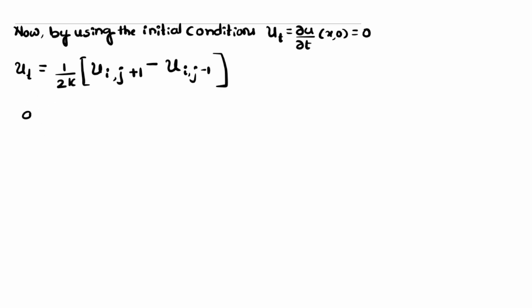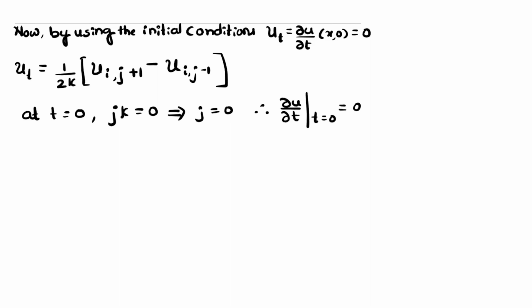Then, with t equal to 0, when t is equal to 0, t means j k, so j k becomes 0. This implies j is 0. Therefore ∂u/∂t at t = 0 is 0. So this part, u_t, is nothing but ∂u/∂t.